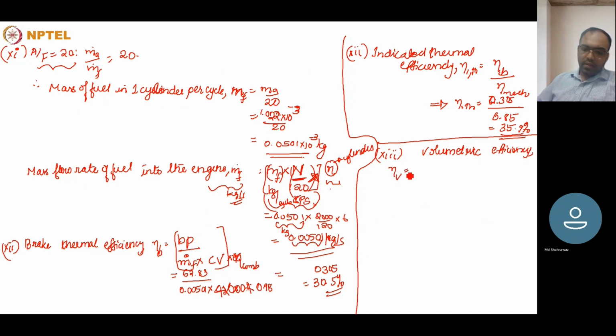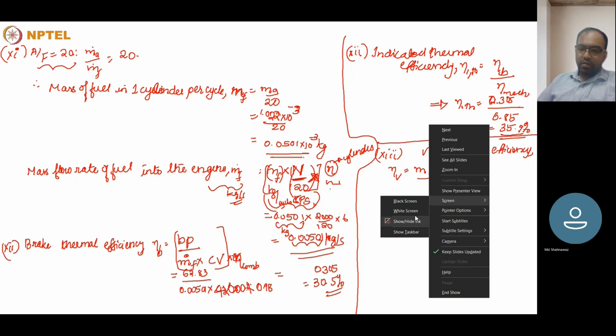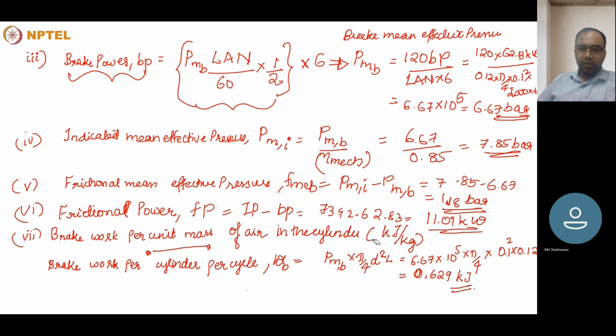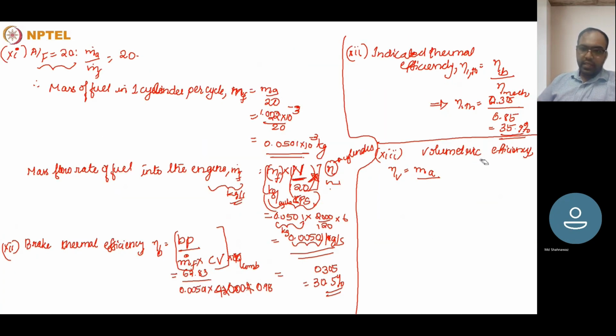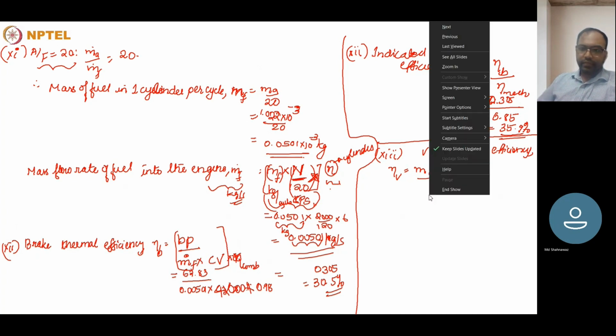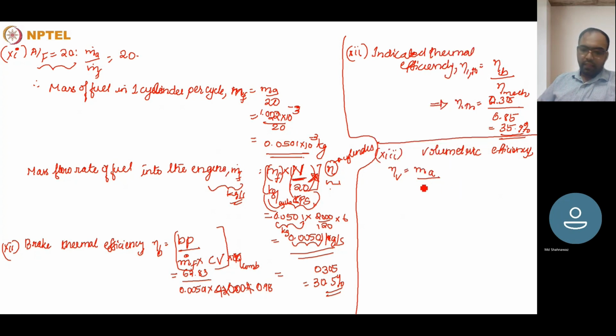Eta volumetric is equal to the mass of air that is calculated as 1.002 per cylinder per cycle. 1.002 into 10 power minus 3 kg divided by density into stroke volume.